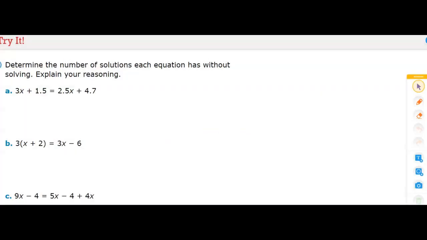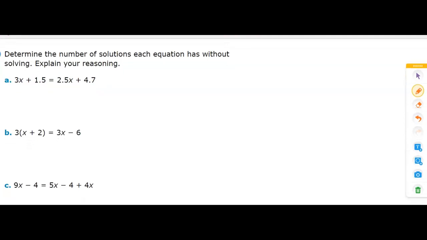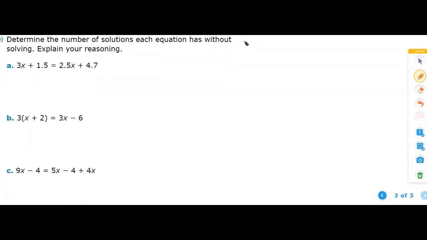Now let's look at C. All right, so for C, we have, all right, combine like terms. I'm going to combine the 5 times x and 4 times x. That's going to equal 9 times x minus 4. And then we have 9 times x minus 4 here.